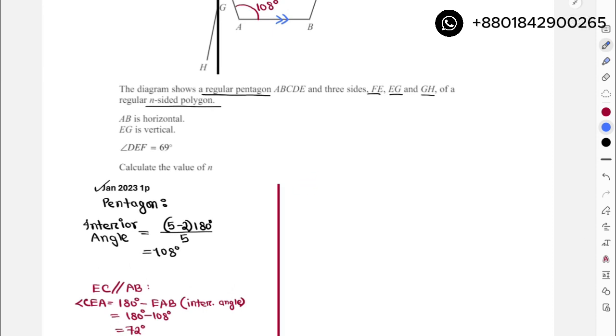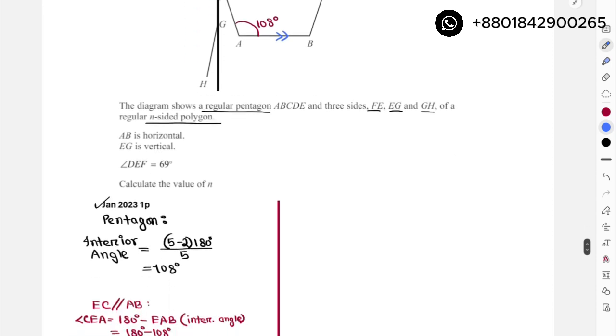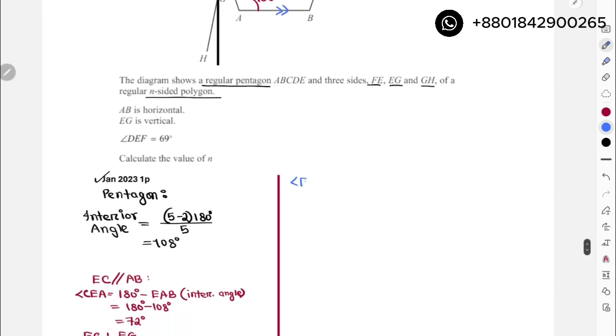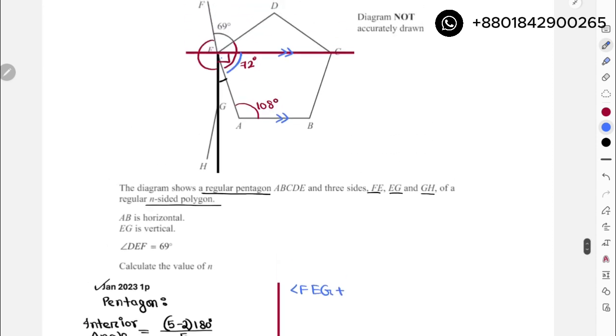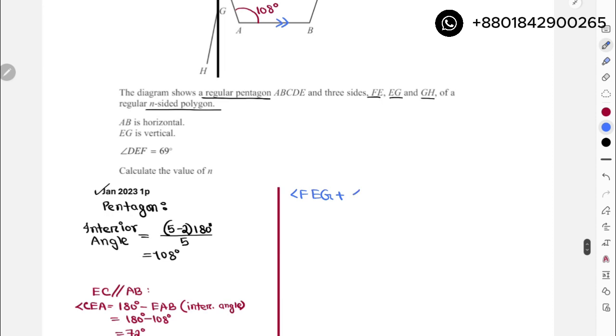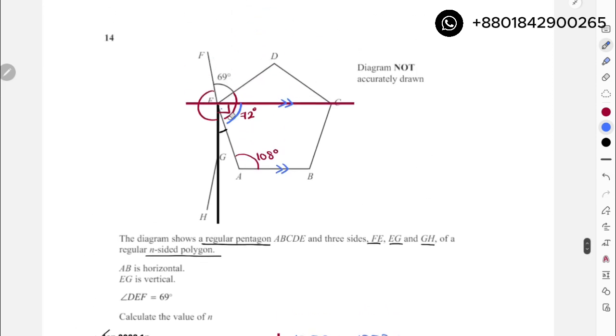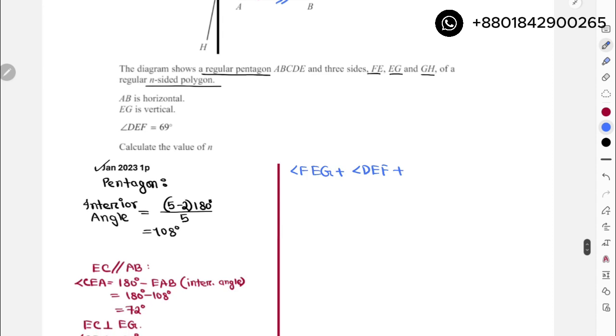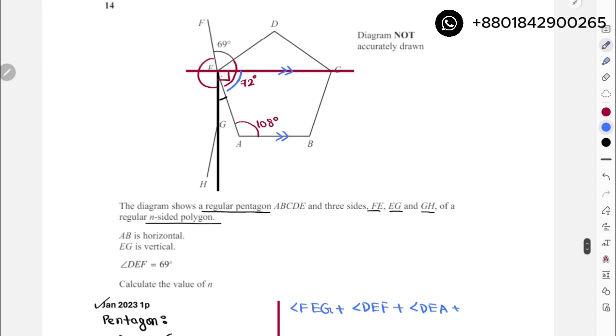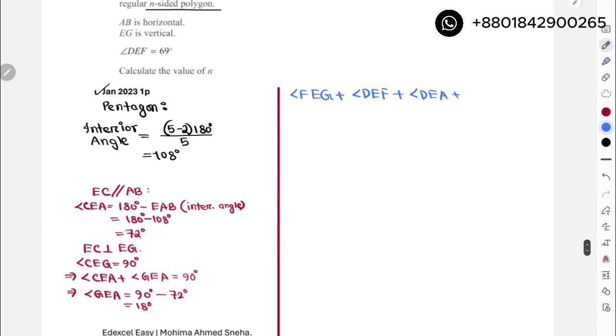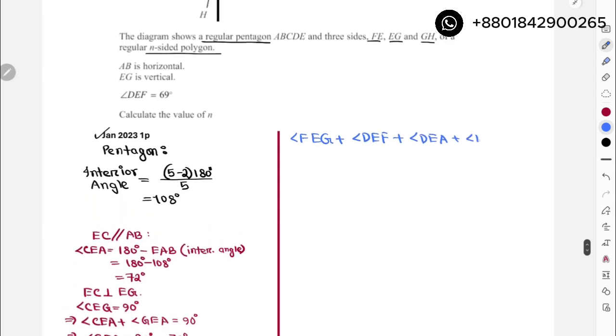And I'm going to say that the interior angle FEG plus your angle DEF, that was given as 69, plus your angle 108, that was DEA, plus your final black angle which was GEA, yeah, GEA that we wrote in the previous part.